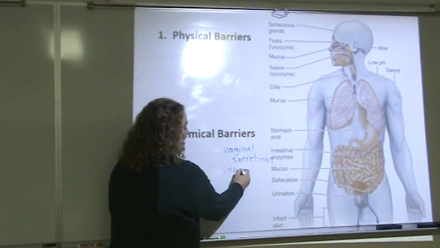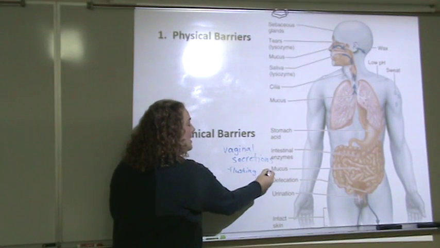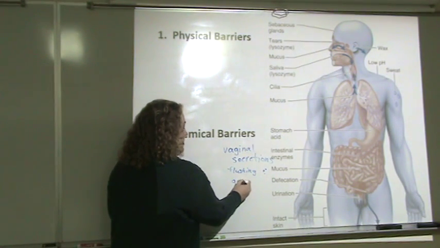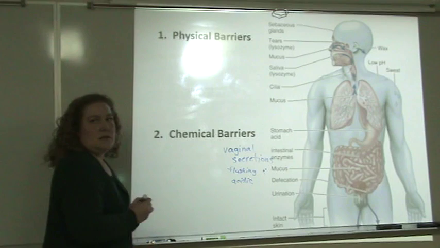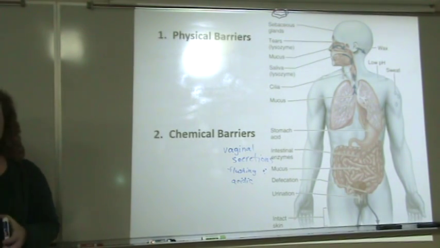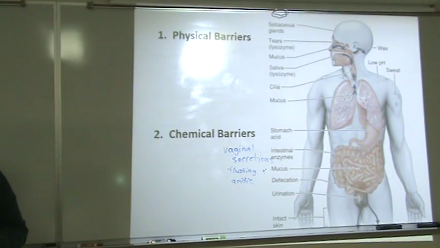So let's make a note. They are flushing, and I forgot to say this, they are also acidic. They should be acidic. So there's acid for chemical barrier, there's flushing for mechanical barrier. And the mucous membrane in there also being intact, that would be a physical barrier.